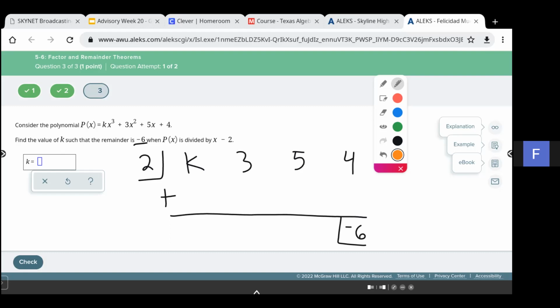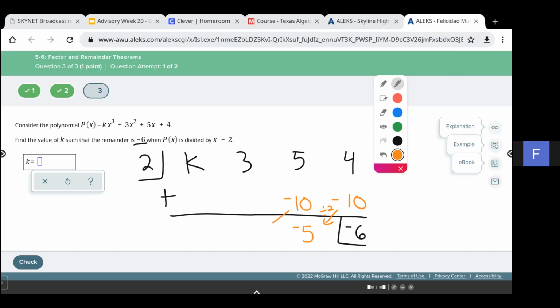So this time we're just going to work backwards. I need to know 4 plus what equals negative 6. Well, for that to happen, I would need a minus 10. My multiplier is 2, so I need to divide by 2, and I'm going to get negative 5. I would have to add negative something to 5 to get negative 5. I would have to subtract 10.